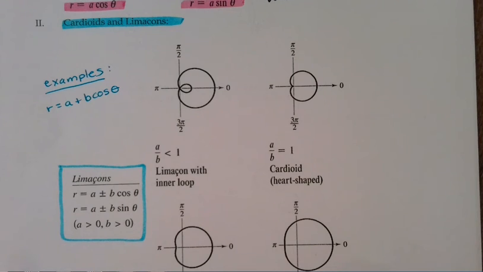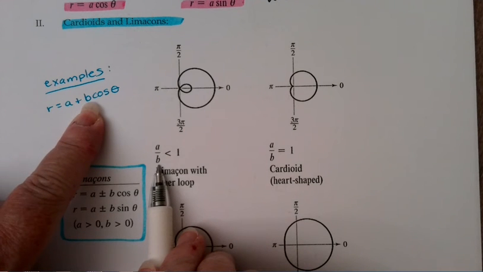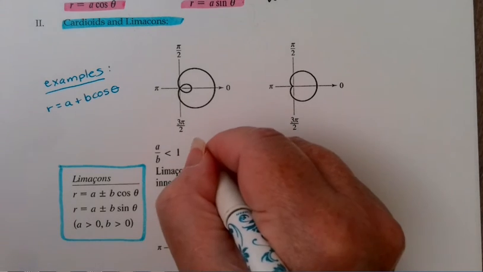All right, limaçons and cardioids, what are they? This is a limaçon with a loop. You got this little loop in it here. And this happens anytime a over b is less than 1. Or in other words, a is less than b.